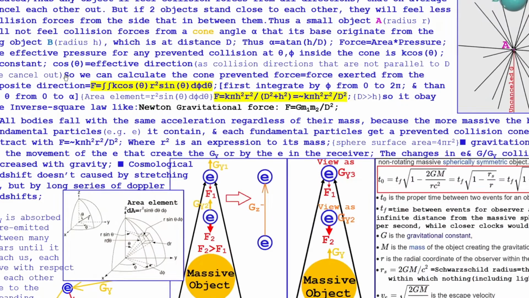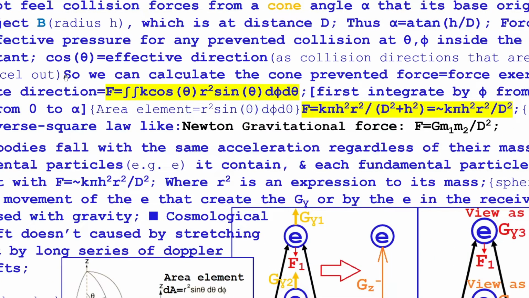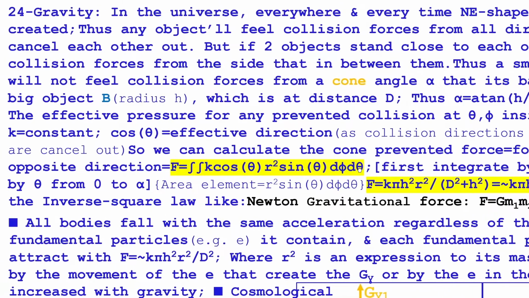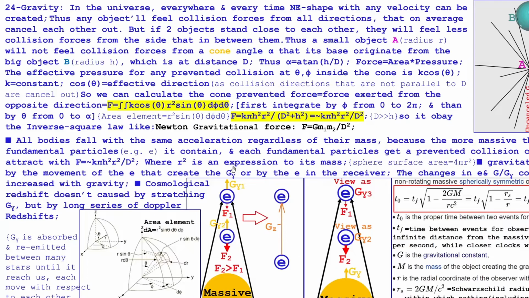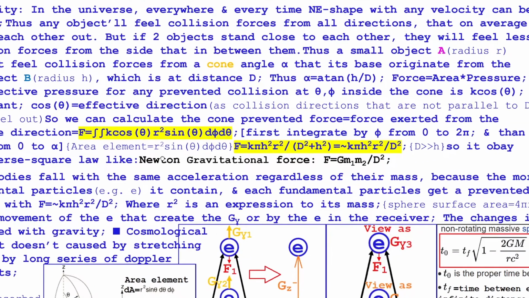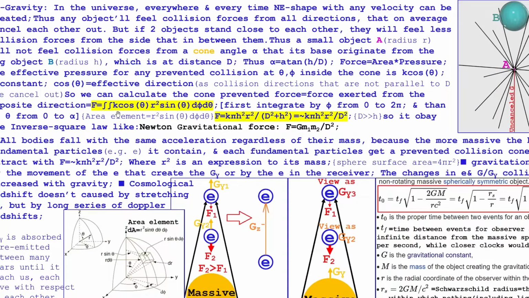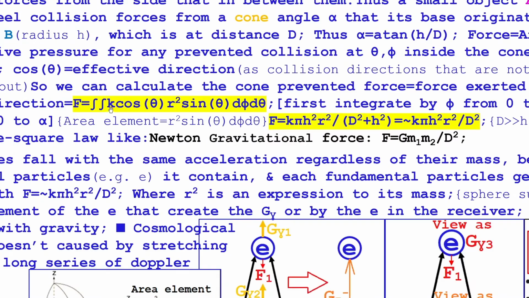Therefore, we can calculate the gravitational force by summing up all these prevented forces that go in the direction of these two objects, using a double integral over the blocked spherical area. We can see that this calculated force, like the Newton gravitational force, is inversely proportional to the squared distance of these objects.